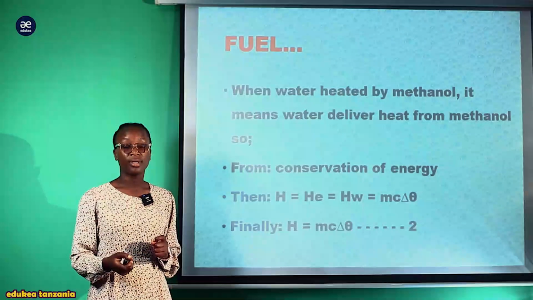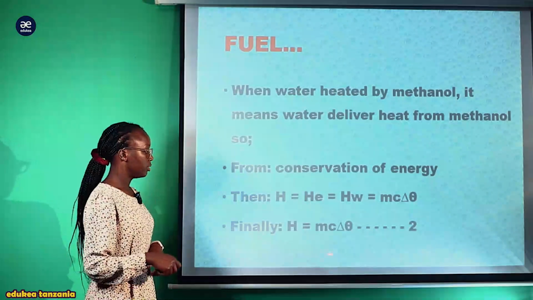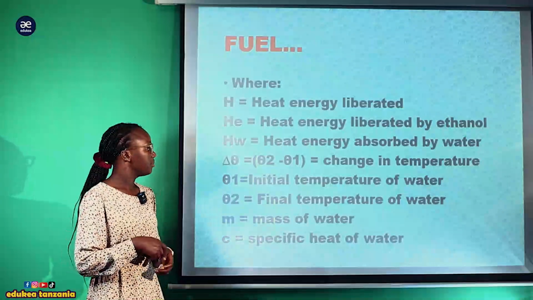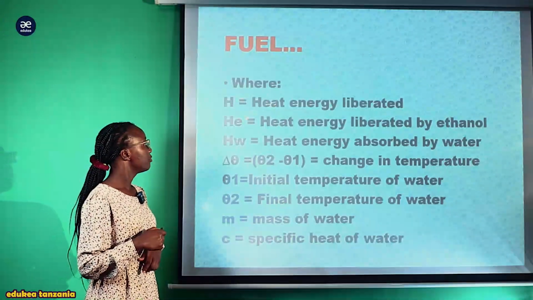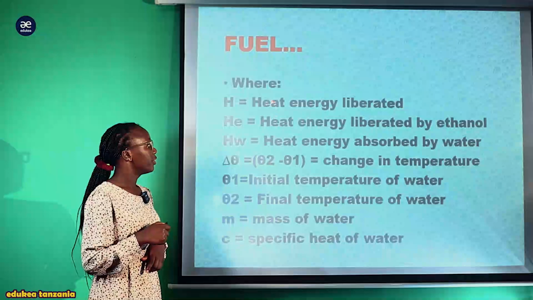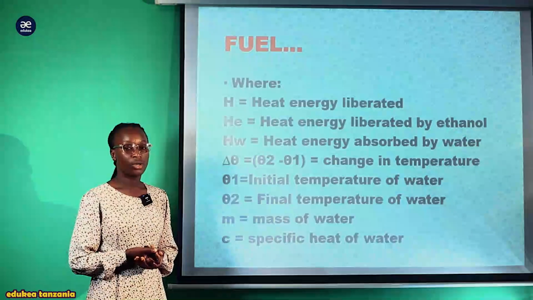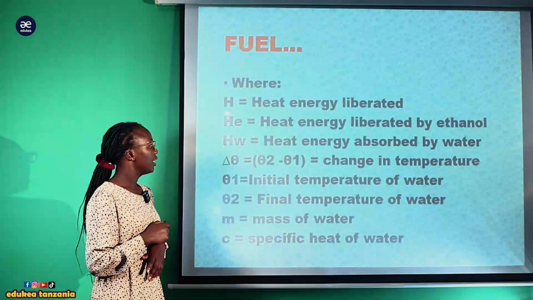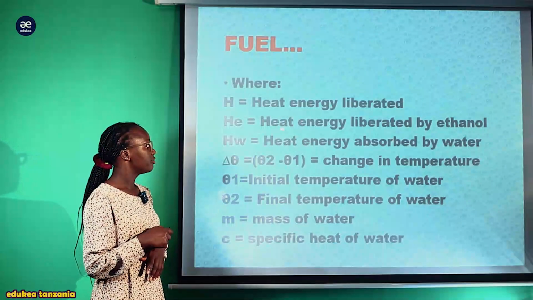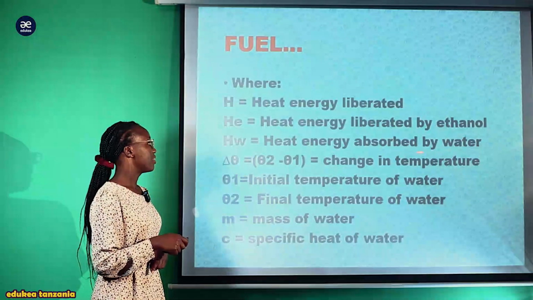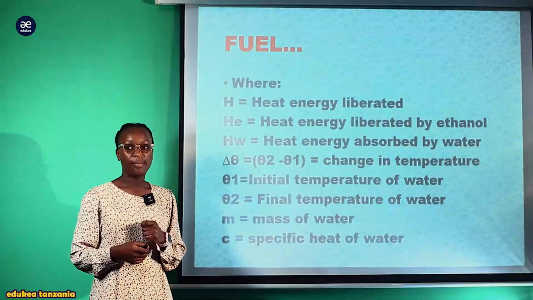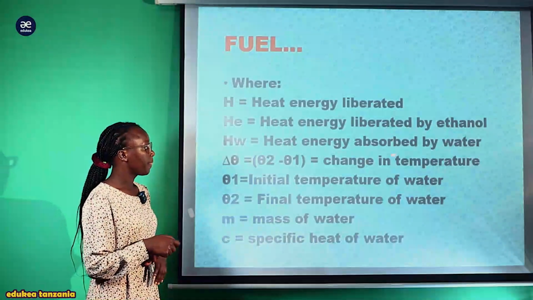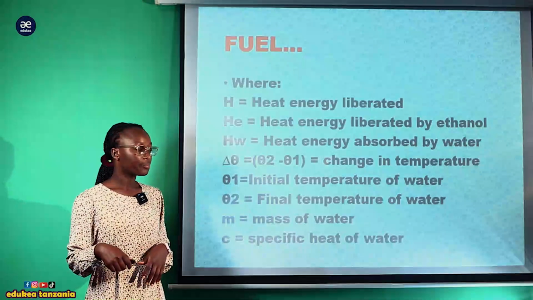My student, remember we have equation 1, and now this will be equation 2. Simply, these symbols stand for: H stands for the heat energy liberated, the amount of heat produced, while H small e stands for heat energy liberated by ethanol, and Hw stands for heat energy absorbed by water.